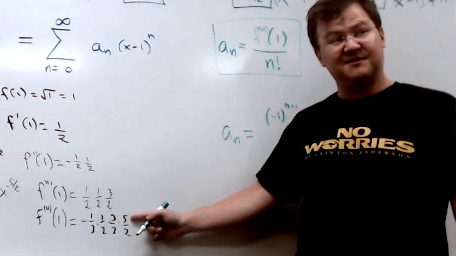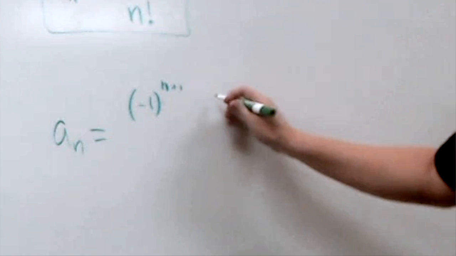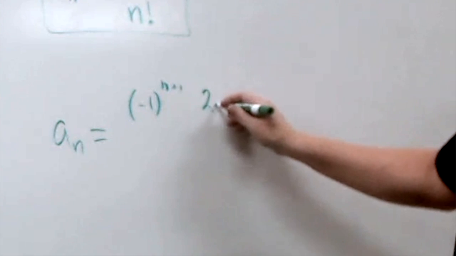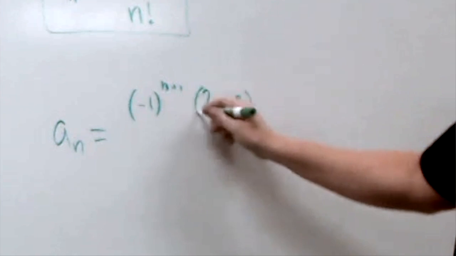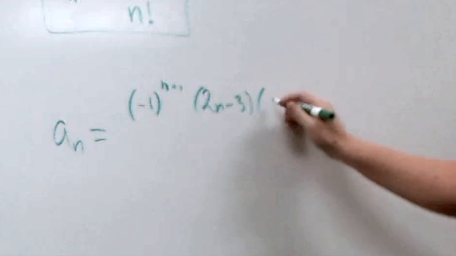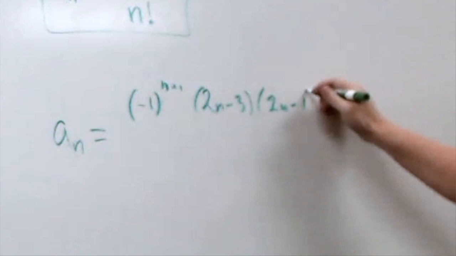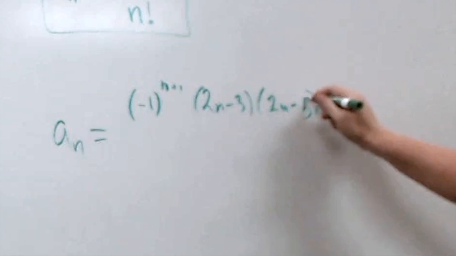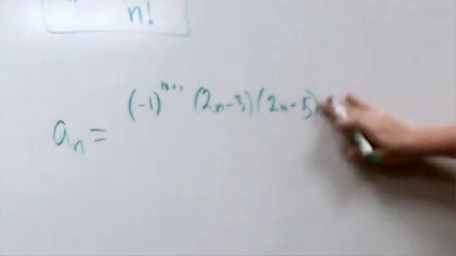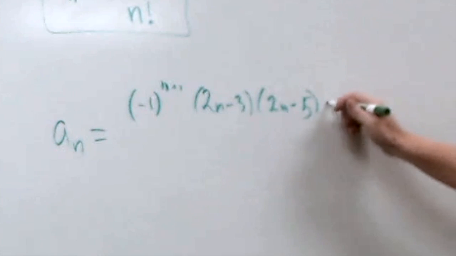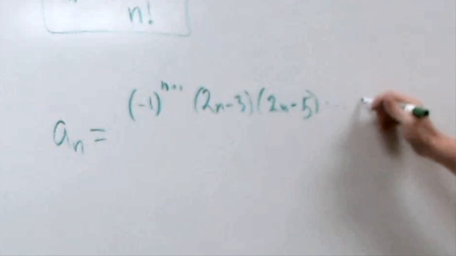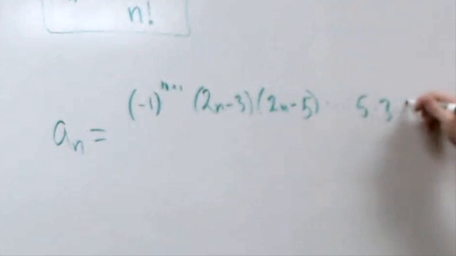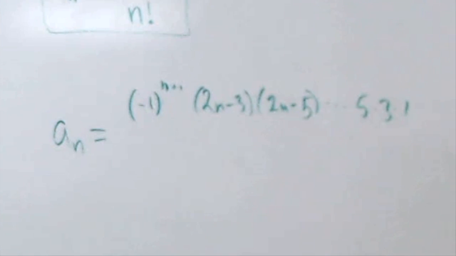So let's say it like this: 2n minus 3, and everything that's smaller than n by 2. Oops, minus 5, I guess I should say. You just keep going until you get down to 5 and 3 and 1, right?